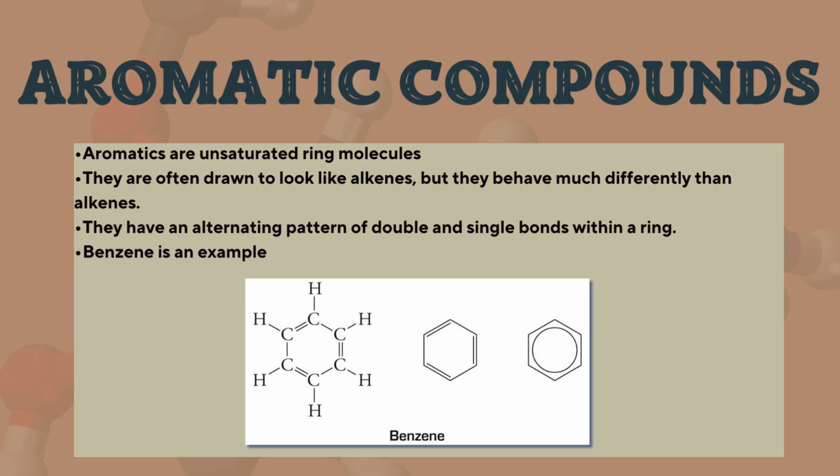Also, they have an alternating pattern of double and single bonds within that ring, right? Now, benzene is an example. The unique stability of these compounds is referred to as aromaticity, right? Although the term aromatic originally concerned odor, today its use in chemistry is restricted to compounds that have particular electronic, structural, or chemical properties. Now, looking at benzene.